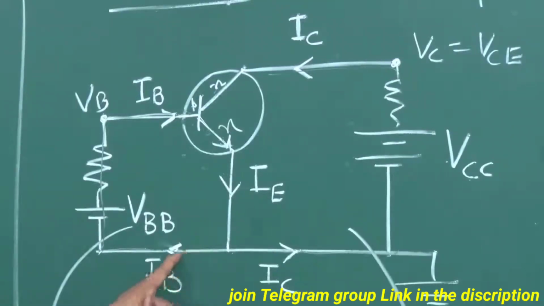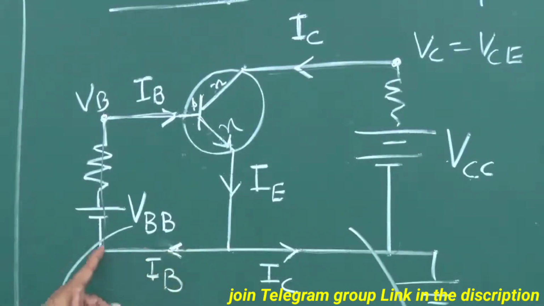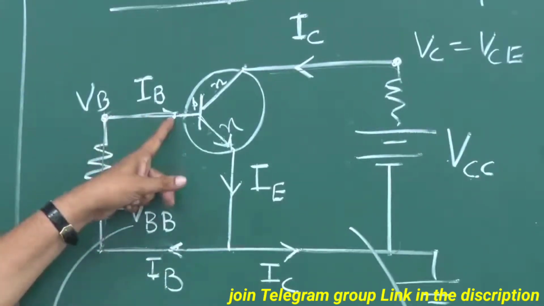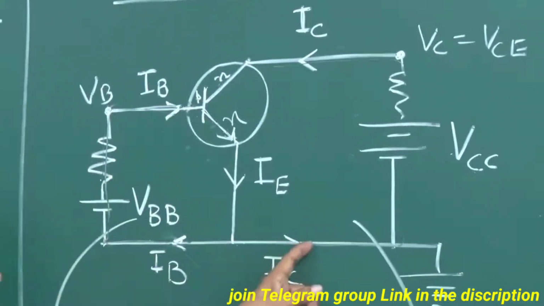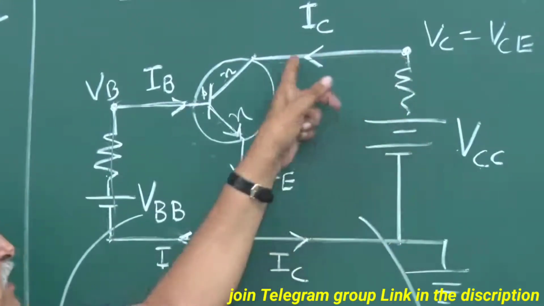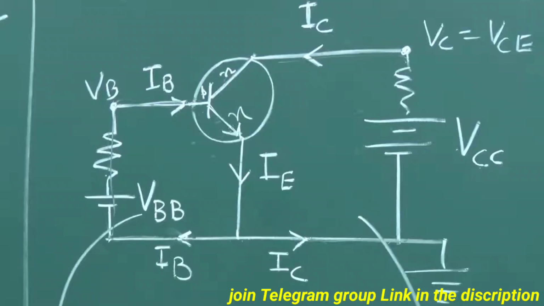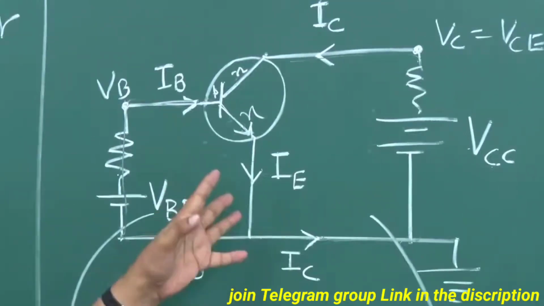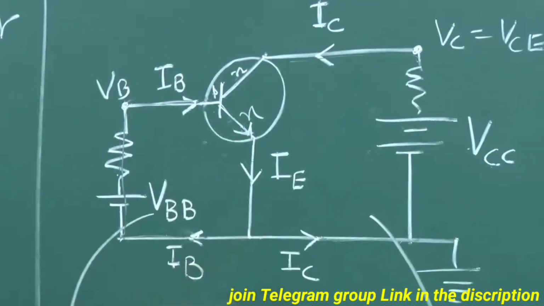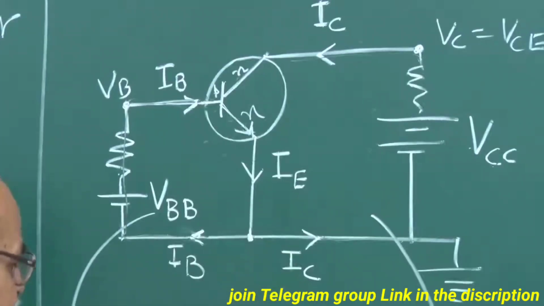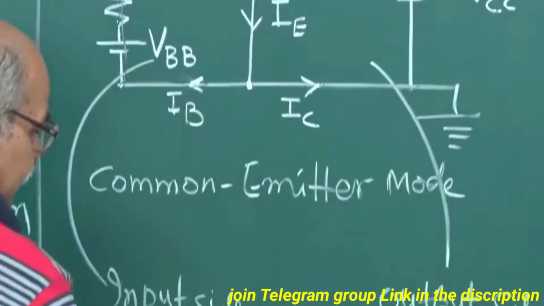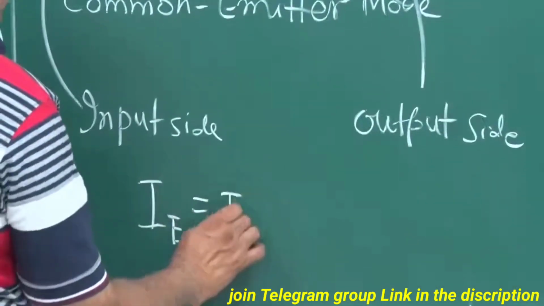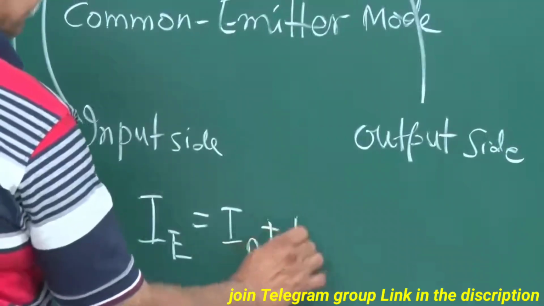Right? The current which goes in this direction only goes through this and then reaches here. Similarly, the current which goes like this only goes and reaches here. You can apply Kirchhoff's junction rule at this point, and you can see that IE is equal to IB plus IC.